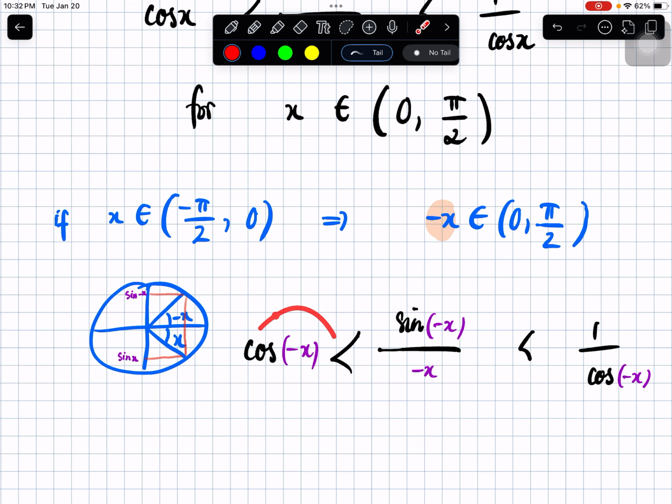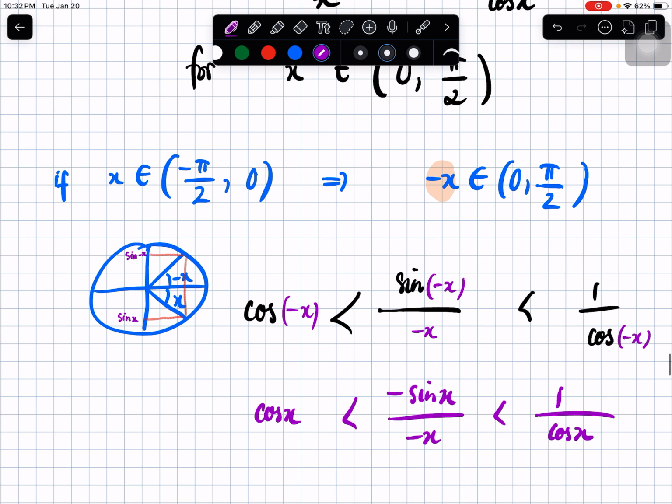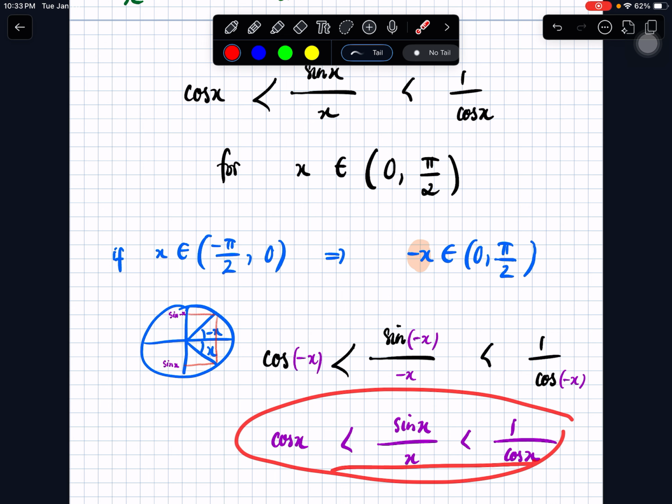Cosine of minus x equals cosine of x. Sine of minus x is minus sine of x. And 1 divided by cosine of x. So minus and minus cancel out. So this inequality is right here.